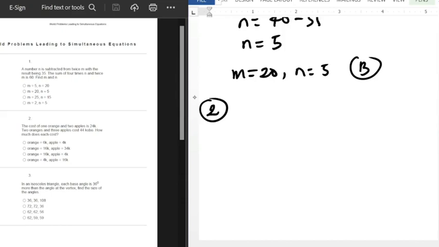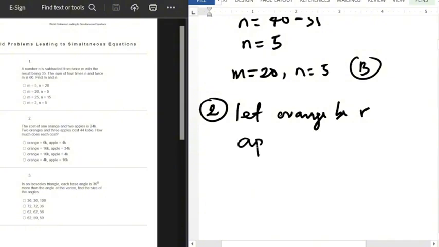So let's interpret now. The cost of one orange, let's say orange be R, and apple be A. So cost of one orange, that is R, plus two apples, 2A, is equal to 24, right?